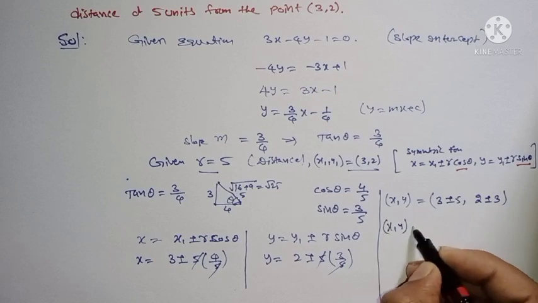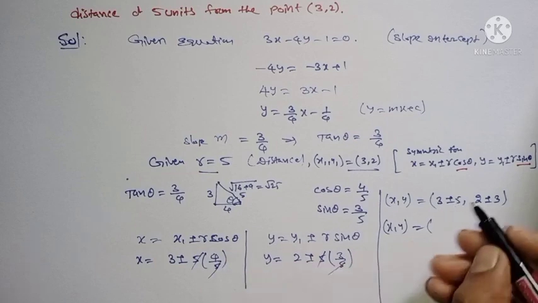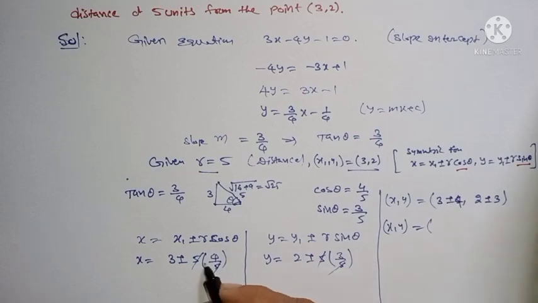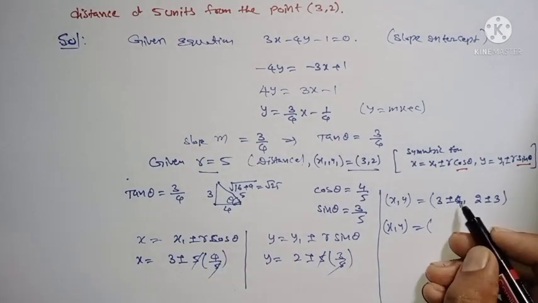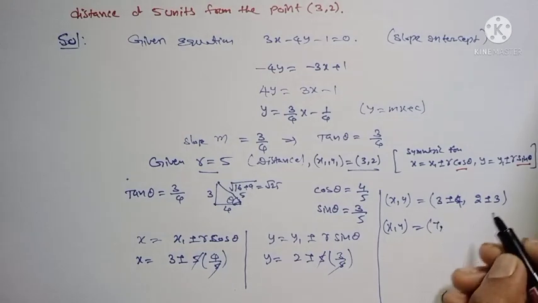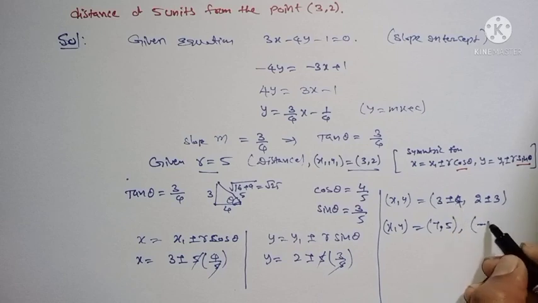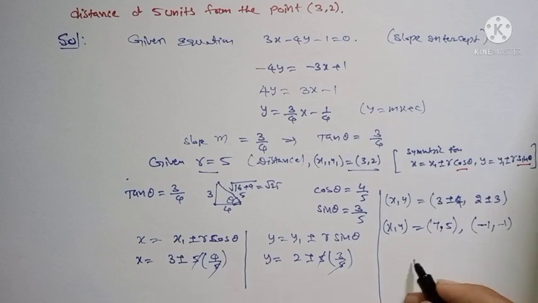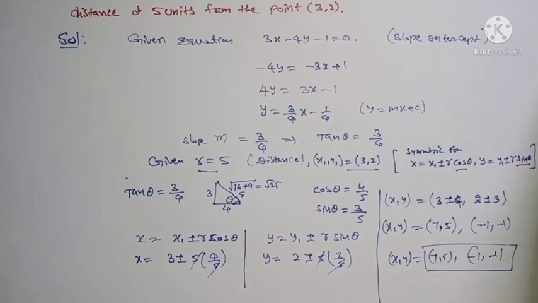Therefore, x comma y is equal to, you are getting two values: 3 plus or minus 4, this is 2 plus or minus 3 only. 3 plus 4 is nothing but 7 comma, first one is 5, and second one is 3 minus 4, which is nothing but minus 1, 2 minus 3 is nothing but minus 1. Therefore, the x comma y points are 7 comma 5, and the other is minus 1 comma minus 1. This is our required points.